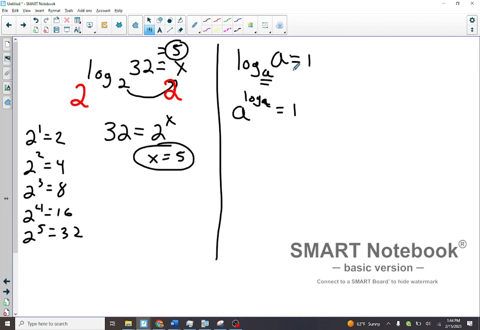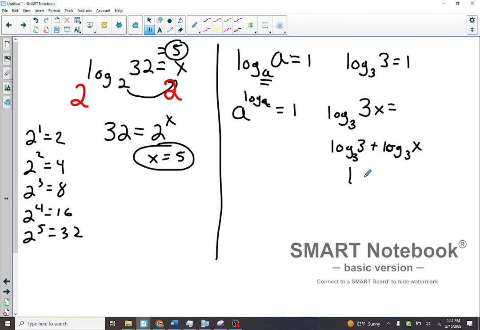So let's say log base 3 of 3. This reduces to 1, because the 3s cancel out. You're just left with 1. If I had log base 3 of 3x, that's the same thing as log base 3 of 3 plus log base 3 of x. This reduces to 1, so it's 1 plus log base 3 of x.